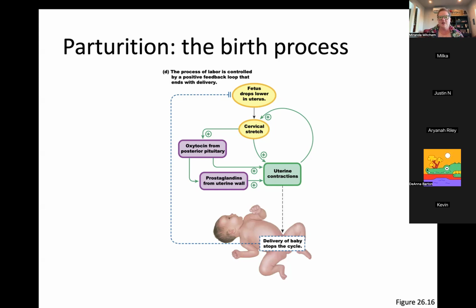So oxytocin is actually produced for an extended period of time because there are other stimuli for oxytocin, such as having the baby on the chest surface. The suckling of the nipple during lactation is also a stimulus for oxytocin production.